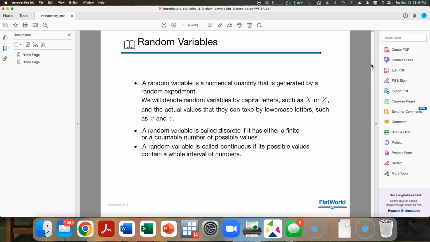Most of the time, we denote the variables themselves with capital letters and the actual outcomes with lowercase letters for the values that the capital letters can take.